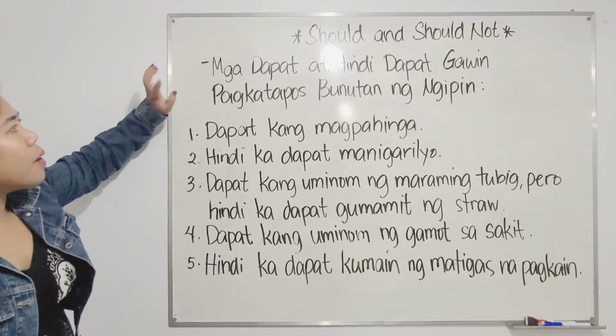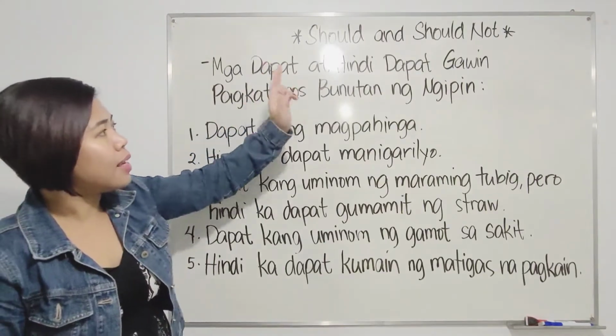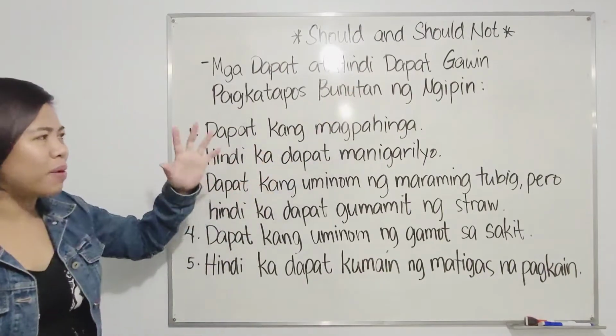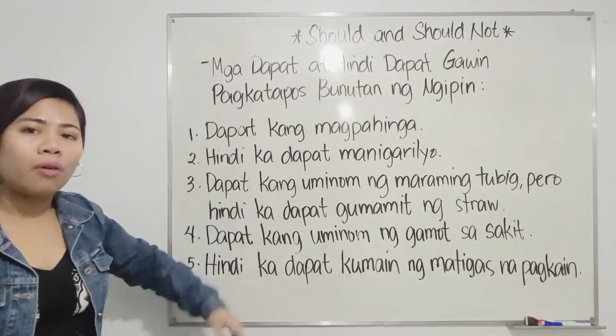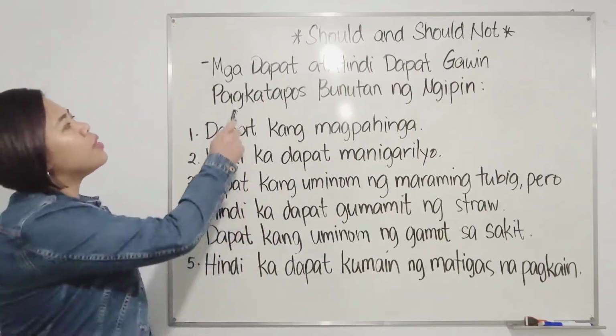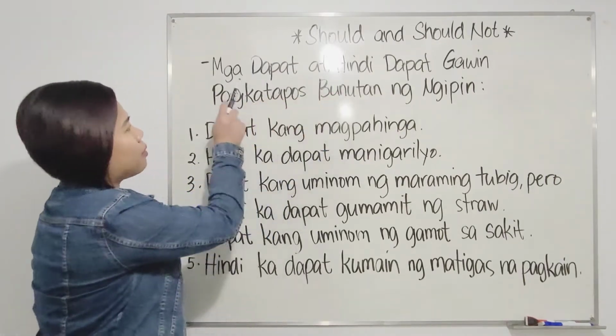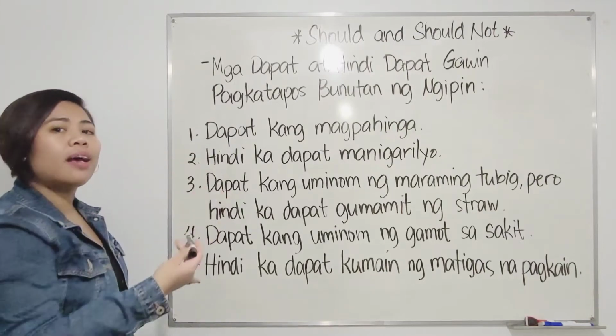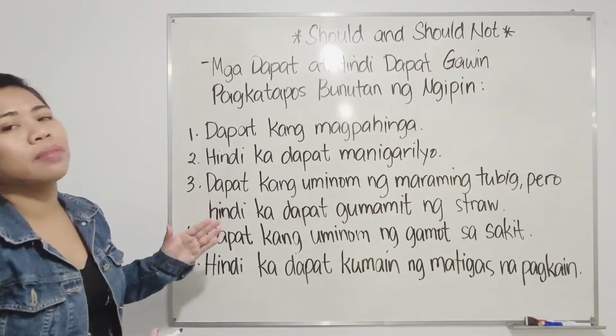So it says here, mga dapat at hindi dapat gawin pagkatapos bunutan ng ngipin. Maybe some of the words are already familiar to you. So dapat at hindi dapat. It's plural, right? The mga. When we say mga, then it always indicates that something is plural.